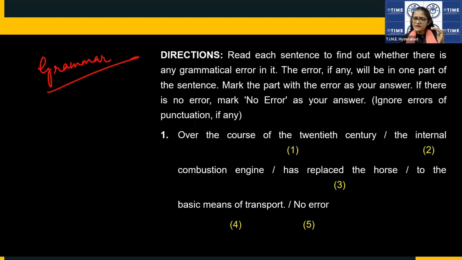We say replaced something as the basic means of transport, which means that now the internal combustion engine has become the major or basic means of transport. So the error is in part 4. Part 4 is our answer.